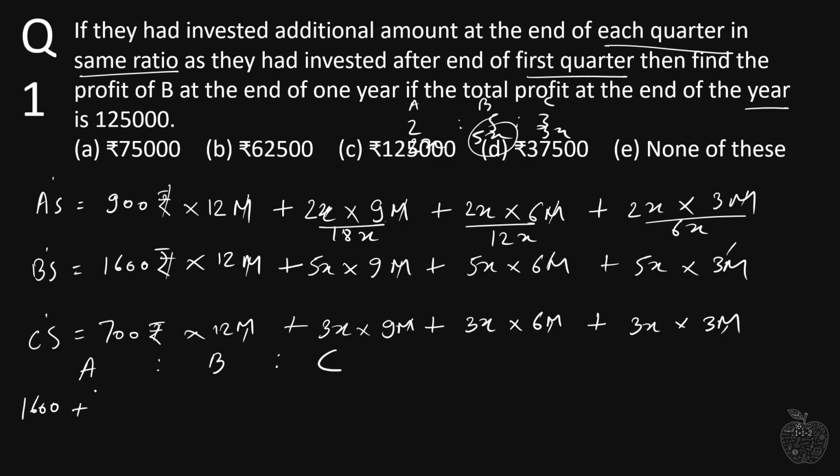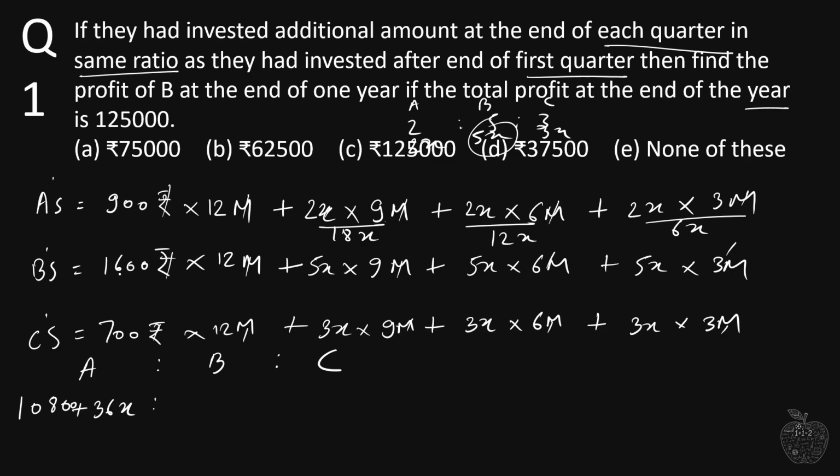So his investment here is 900 into 12 plus 36x. 900 into 12 will give me 10,800. I've already calculated it in my rough book, so you can confirm for yourself. So A's investment here is 10,800 plus 36x.